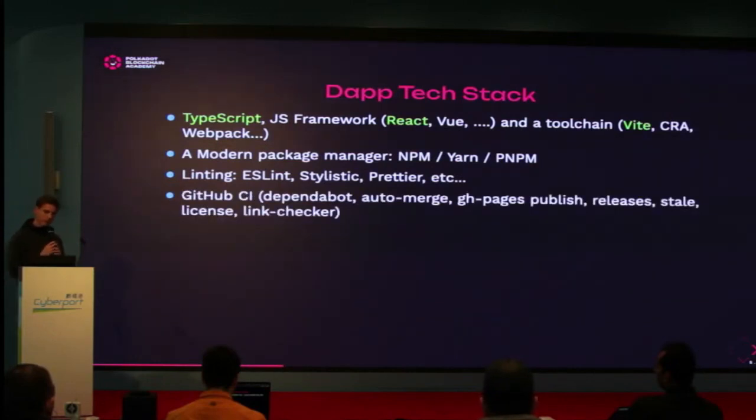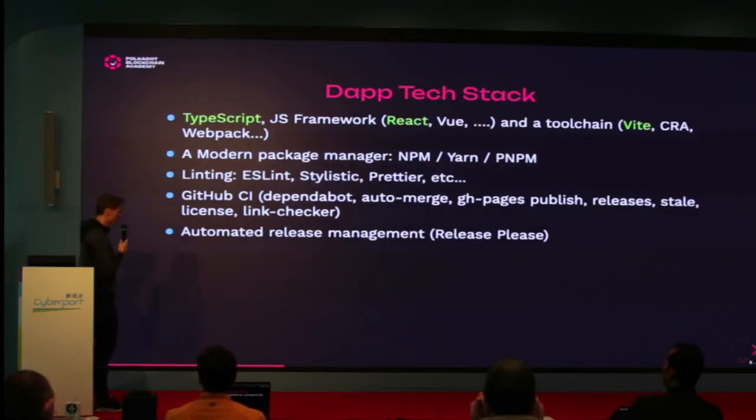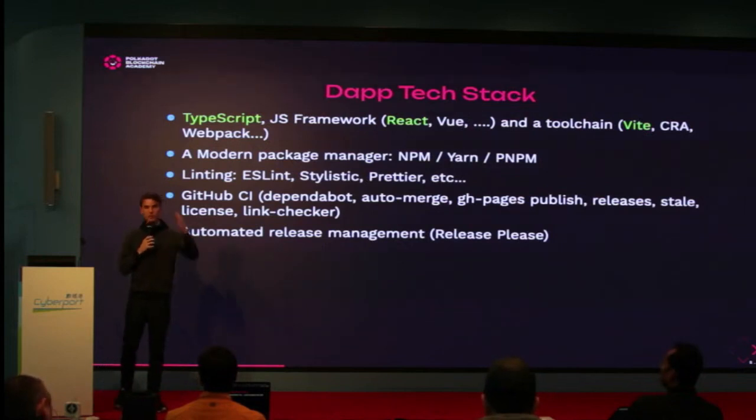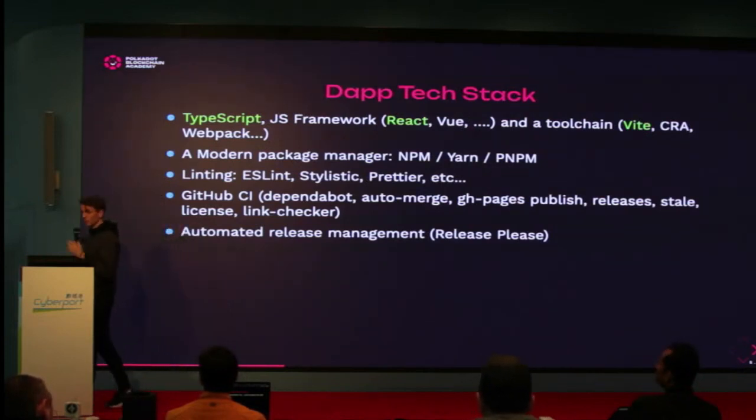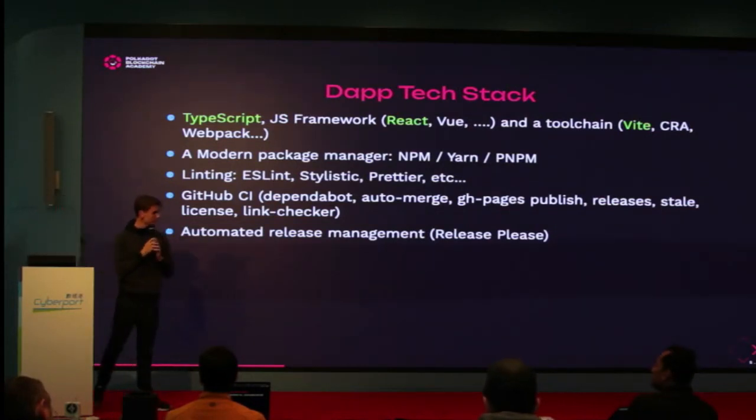Yep, heavy reliance on GitHub CI, so things for releasing, staging, things like this. Automated release: Google have released a good tool called Release Please. Every time a PR is merged, it will update a release PR with that merged PR, and then when you merge the release, it will go ahead and create a GitHub release.